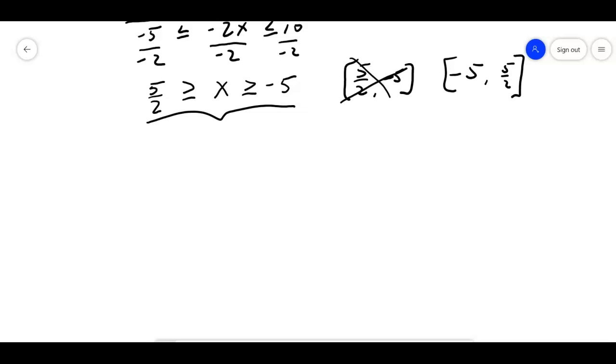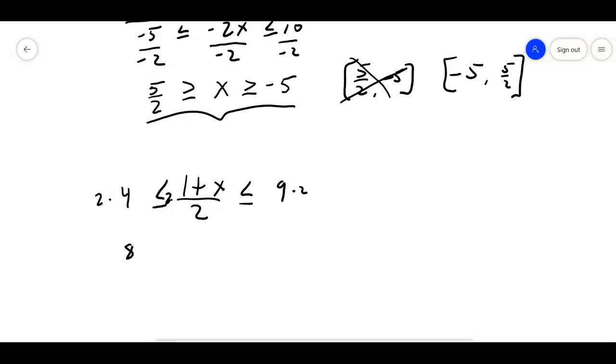Maybe just one last thing. If you have 1 plus x over 2, let's say 4 and 9. And so the first thing I want to do is clear out that fraction. So I would times everything by 2. Times 2, times 2, times 2.